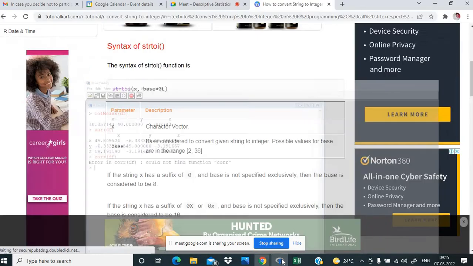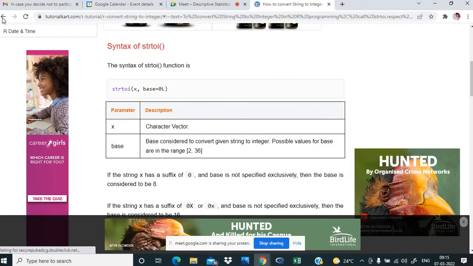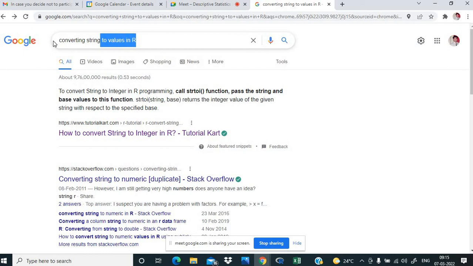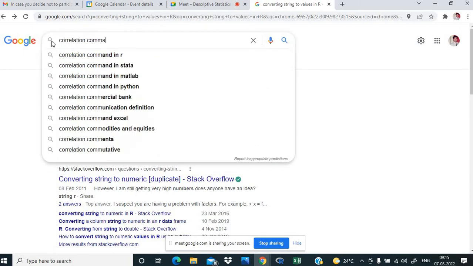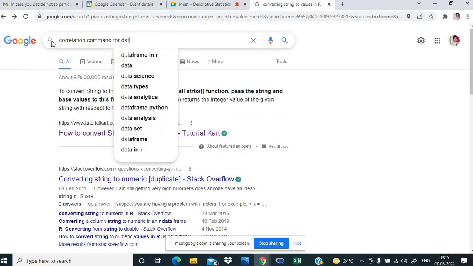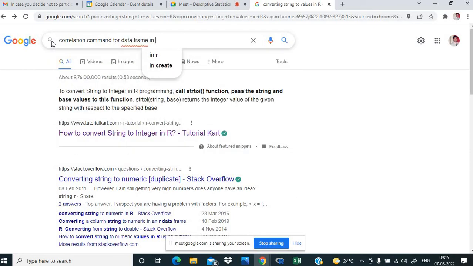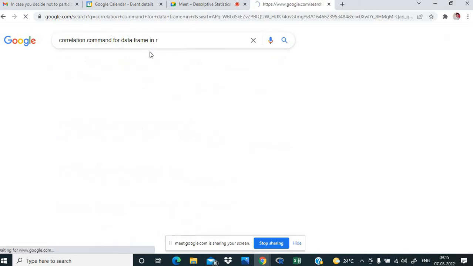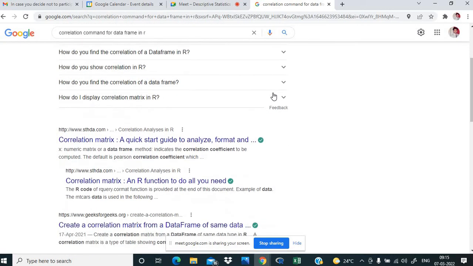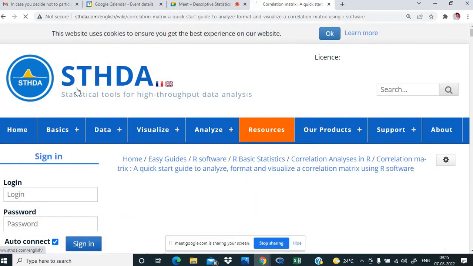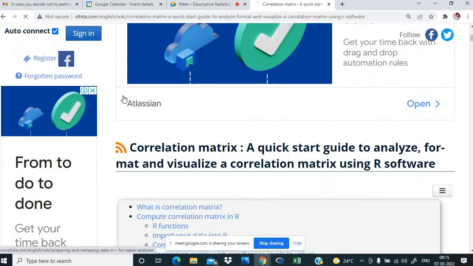That means for a data frame, we have to learn all the commands once again. We can search for it: correlation command for data frame in R. This is a very good source of R related issues.